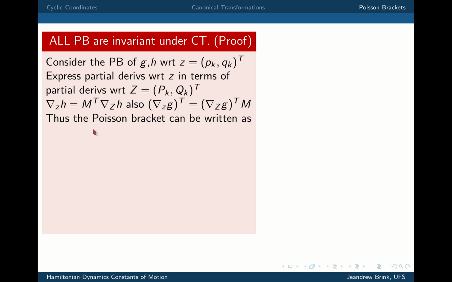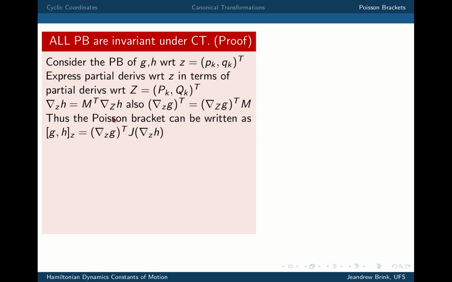Then you can simply write out the Poisson bracket of G and H with respect to z as, by definition, the gradient of G with respect to z transpose times J times the gradient of H with respect to little z.